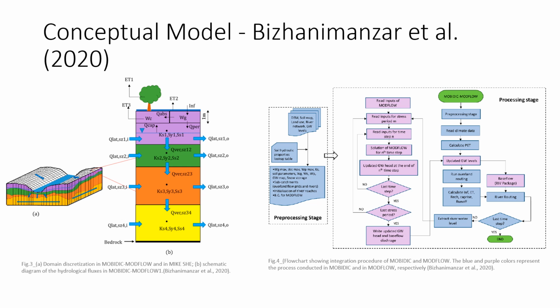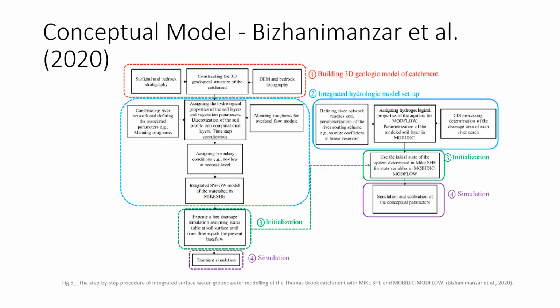Here I have presented two photos. On the left side, we can see the different layers and the way MOBIDIC and MODFLOW were used: mainly on the upper layers MOBIDIC was used, and after that, for the lower layer, MODFLOW. In the second picture, we can see the flow chart showing the integration between these models and how they interact and help each other.